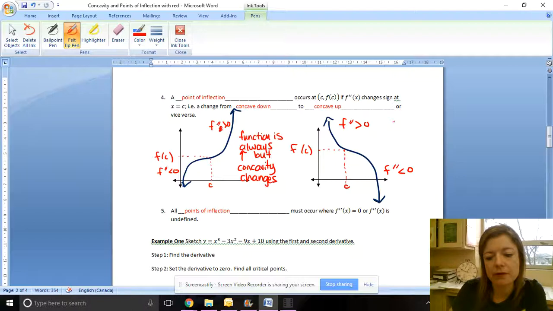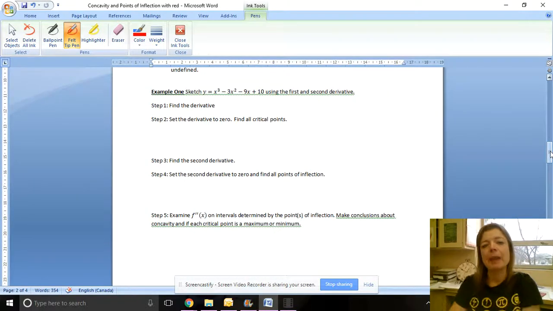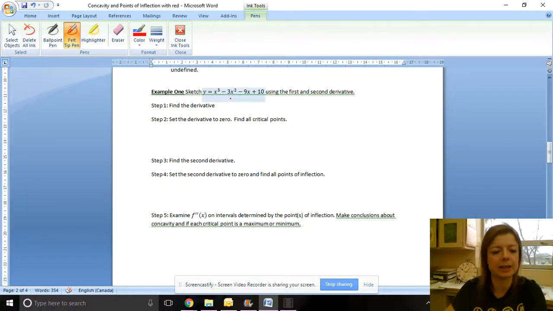Notice here that the function is always decreasing, so your first derivative will always be negative, but your second derivative changes from positive to negative. So all points of inflection must occur where the second derivative is 0 or the second derivative is undefined. So there are 5 major points there. That's the major learning. From here on in, it's just applying it and doing examples.